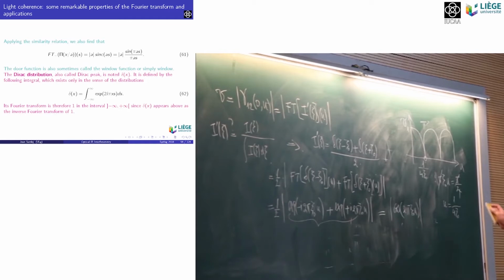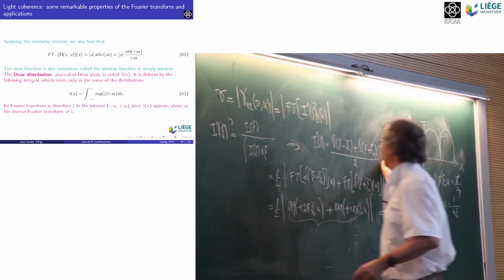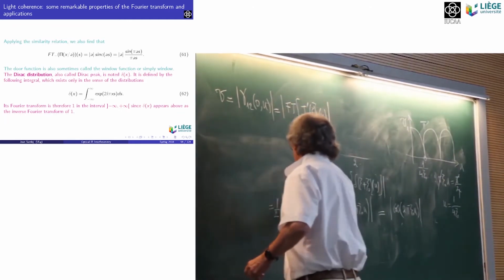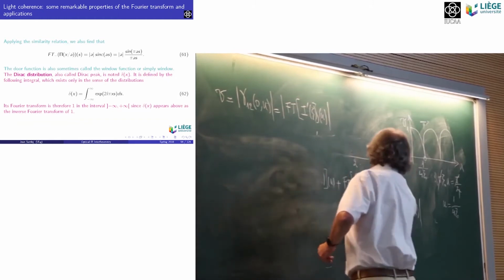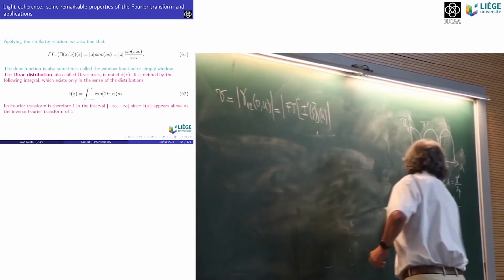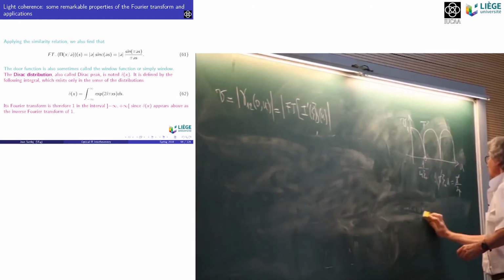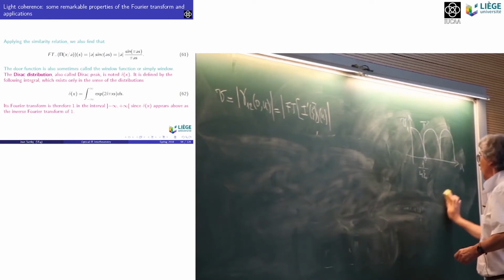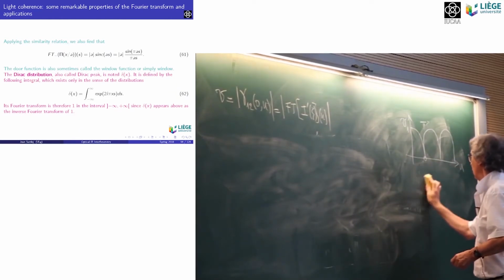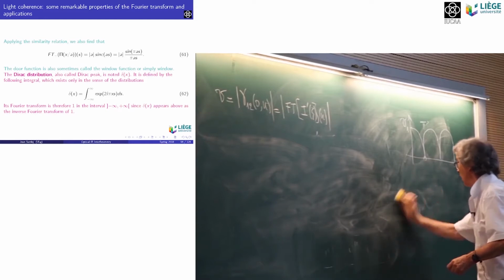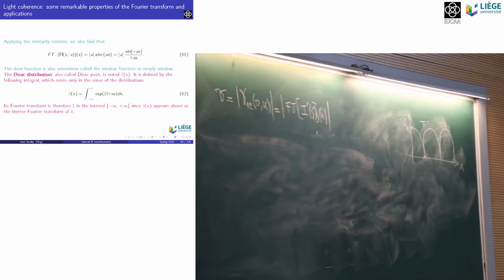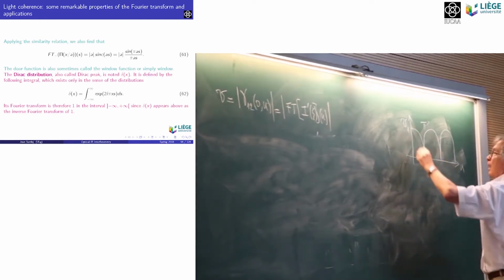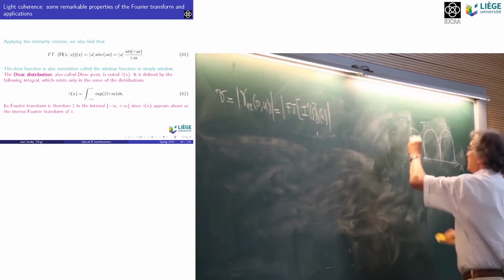So here I just erase all of that. Now let's assume that, oh yeah, this is visibility 1.